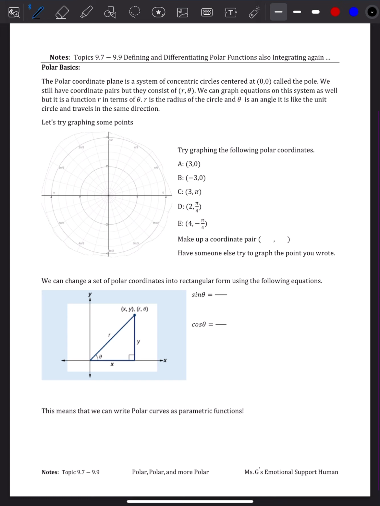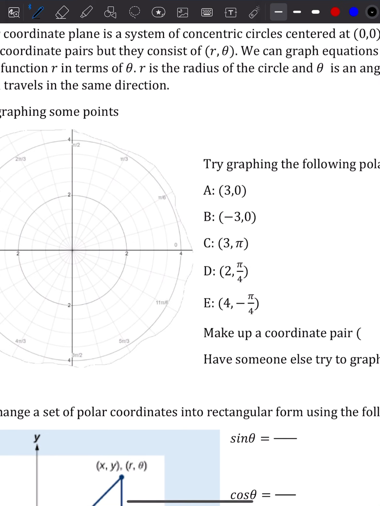So if we look at these, we're going to be reminding ourselves that our points are a radius and an angle. This first one, (3, 0), is a radius of 3 and an angle of 0, so it doesn't move. When we talk about a radius, a positive radius means we're going to be moving to the right. A negative radius means we're moving to the left.